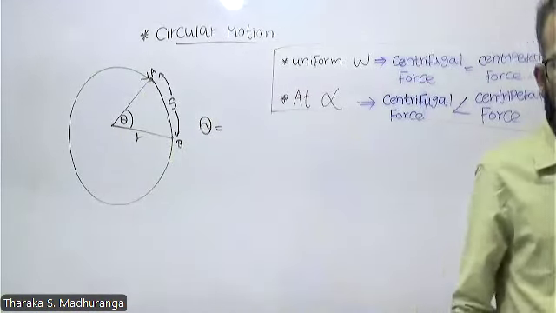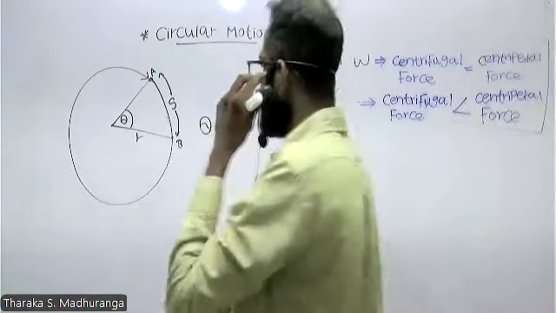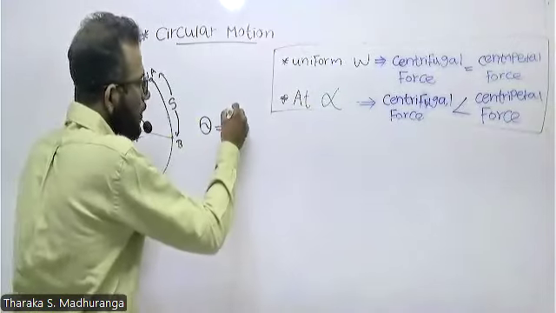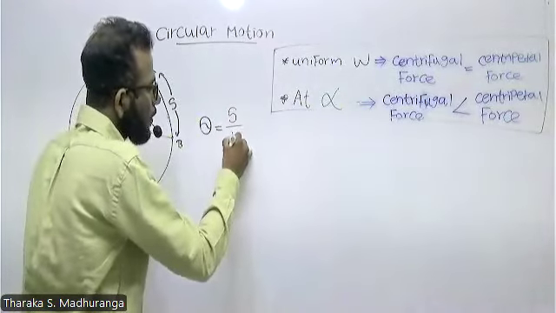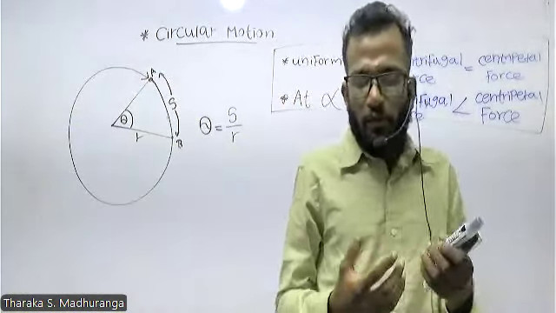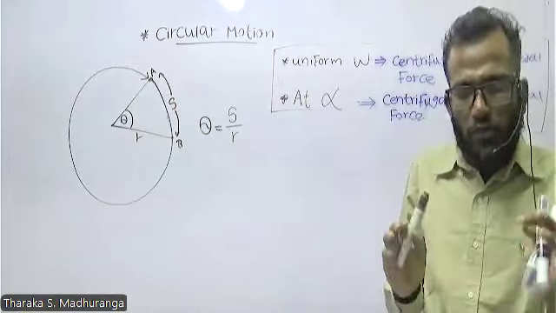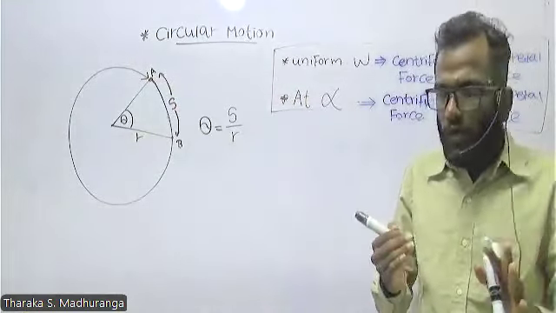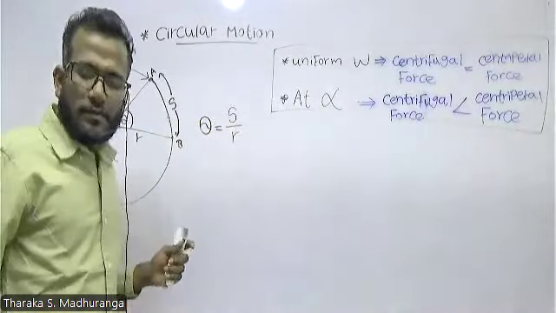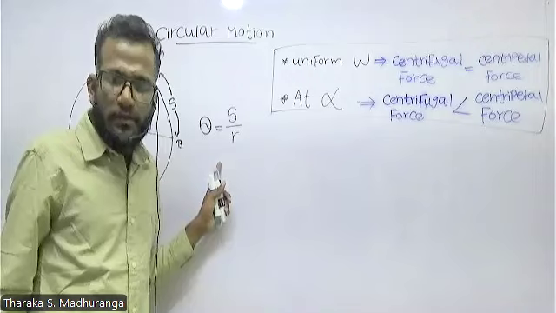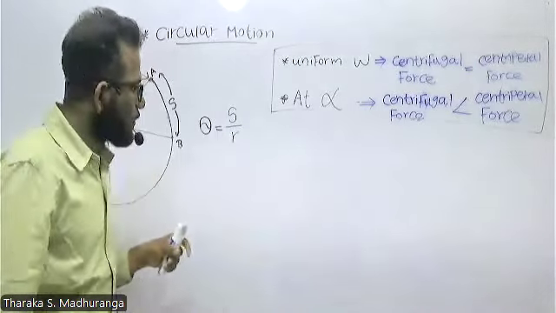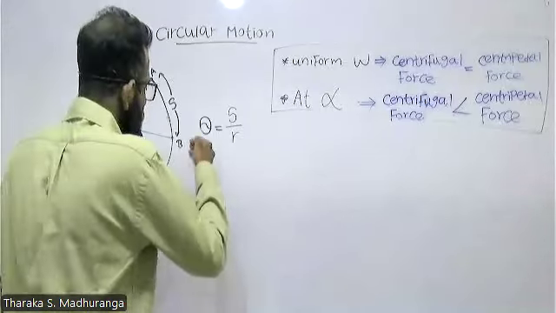The angular displacement theta equals arc length over r. Do you remember? That is the angular displacement equation. Then what is the unit of this angular displacement? Radian. Yes, the angular displacement unit is radian.